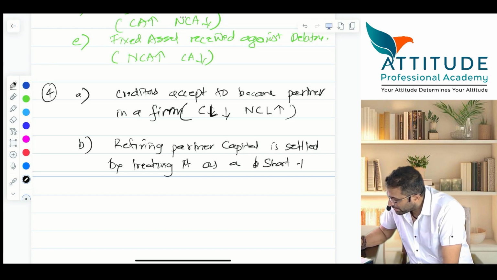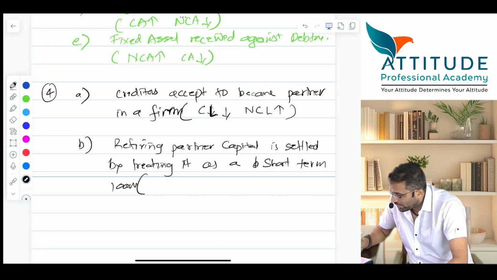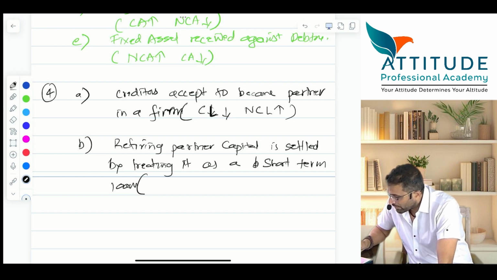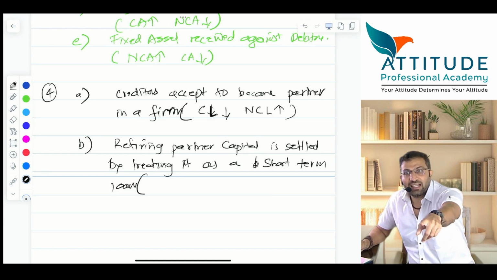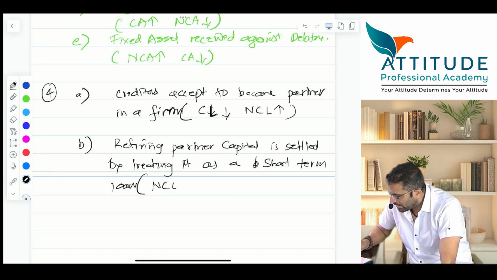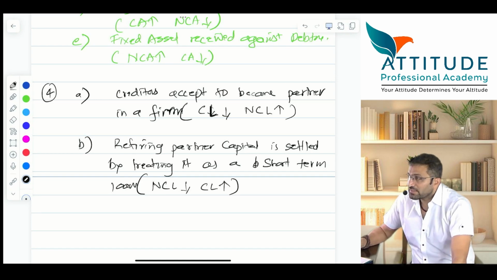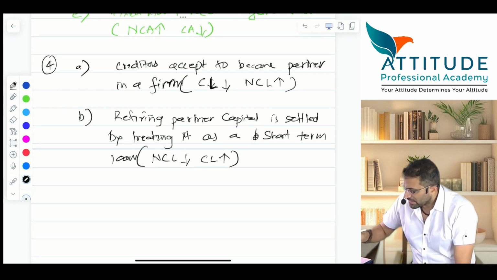Tell me, it becomes a short term loan, no? So what will be the entry? Capital account debit, capital account debit. Creditors account credit. Yes or no? Capital has reduced, no? So NCL reduces, CL increases. Is that clear? So these are some of the examples.